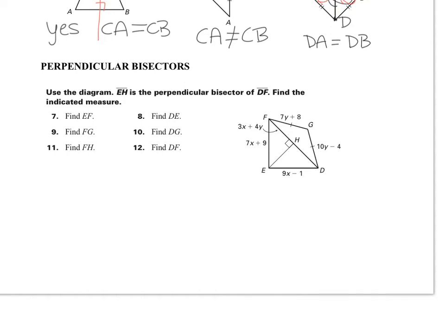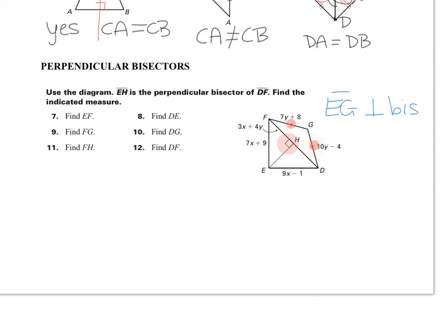So the first thing I can do is, let's do some highlighting here, because I'm perpendicular here, and I have these two lengths here the same, then EG is a perpendicular bisector.